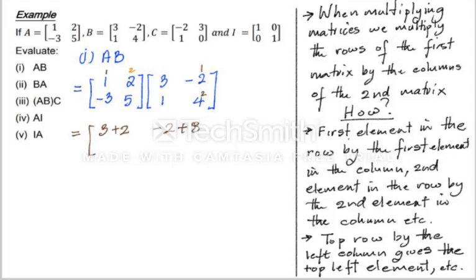So I just multiplied the top row by the left column and the right column. Every time we multiply a row by a column, we get an element. The top row by the left column gives the top left element, and the top row by the right column gives the top right element.